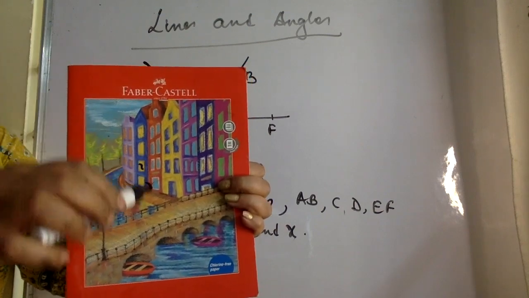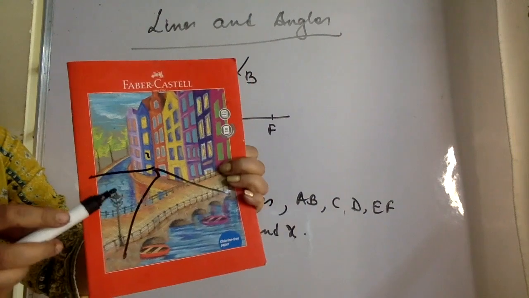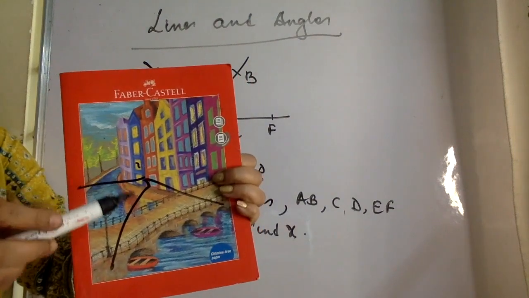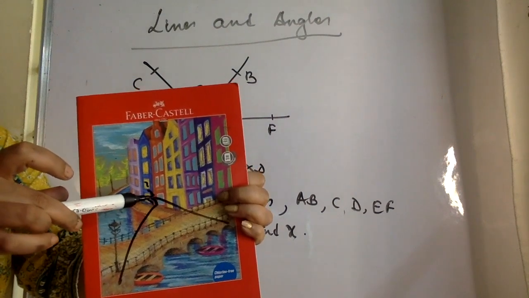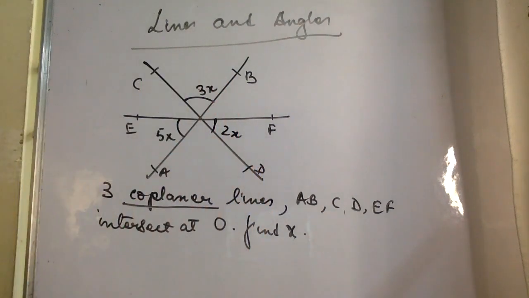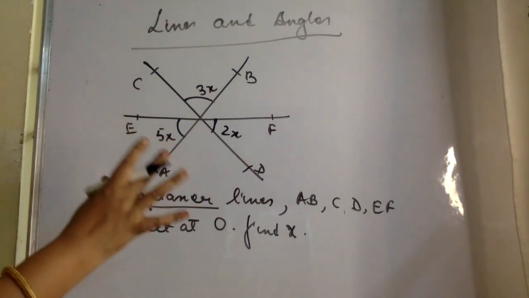The lines should all be lying on this plane only. So when they say coplanar lines, they mean that all the lines are lying on one plane.